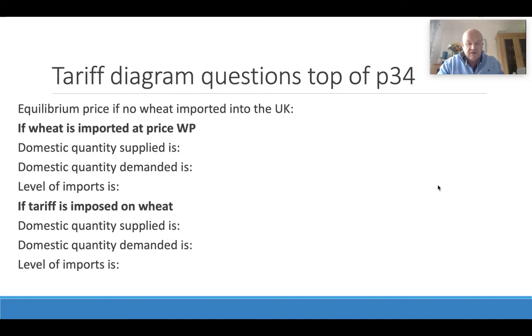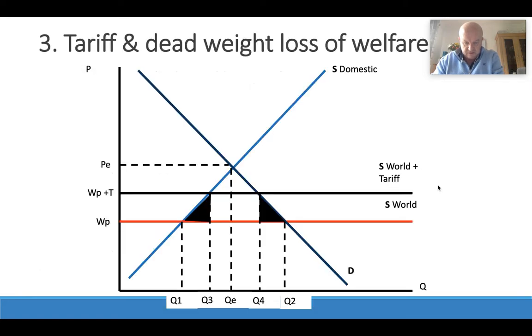So if we take a look at the equilibrium price, if no wheat was imported into the UK, in this case that would be PE. So let's just go back a moment.